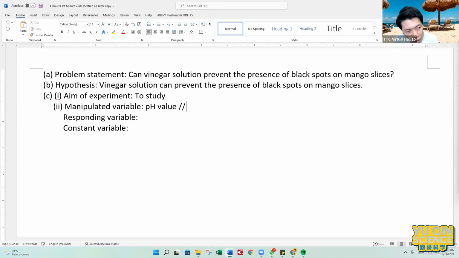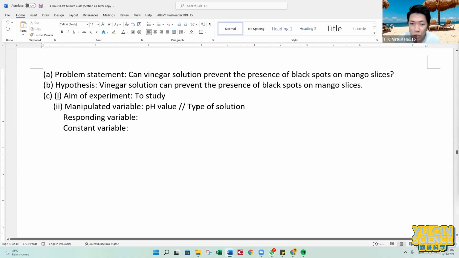can also work, but I don't encourage that, because that will screw up the rest of your answers. Remember, the soul of your experiment is based on your manipulator, so you don't want a not-so-confident answer. I would say pH value is the best, or type of solution, because you need this for your aim later and for the answers below.